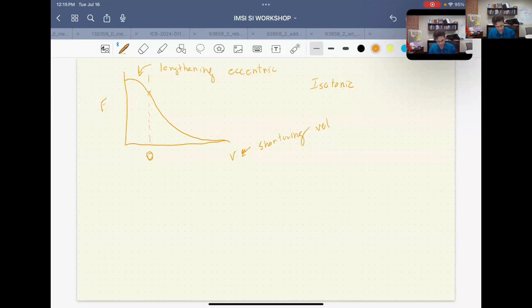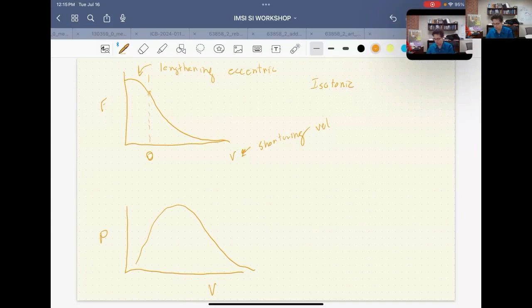From the force velocity curve, we could also take force times velocity, and we could get the power as a function of velocity, and this usually has some intermediate maximum. And I think that was covered in a couple of workshops before. But I'm not going to belabor these points too much, because this is sort of the classic way of characterizing muscle with what we would call quasi-steady measurements.